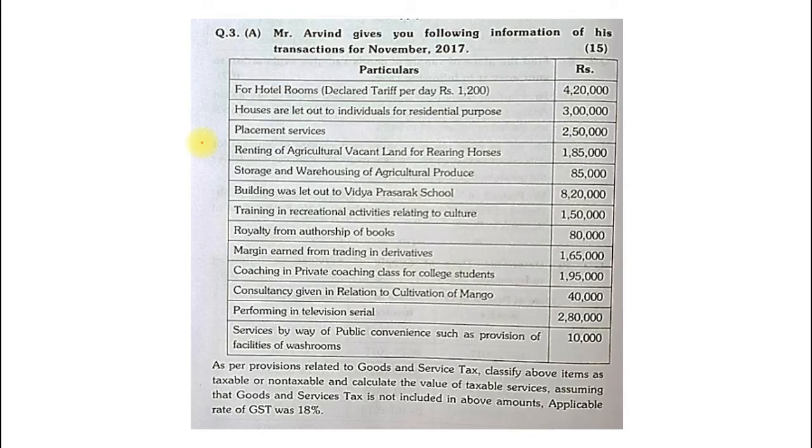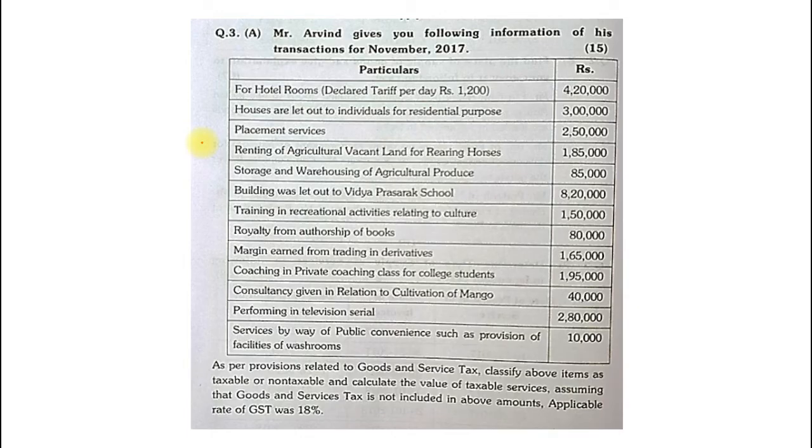If it is above 1,000, you have to pay tax. So anything which is government based, residential based, agricultural based, you don't have to pay tax on that. But other than that, if it is purely based on commercial services, anything related to commercial where you're giving some service, on that GST will be applicable.